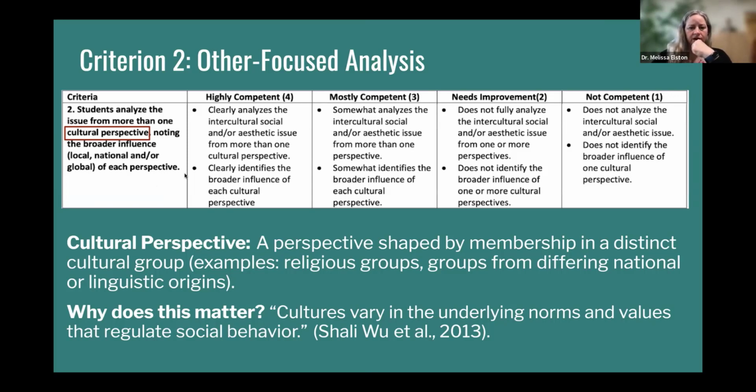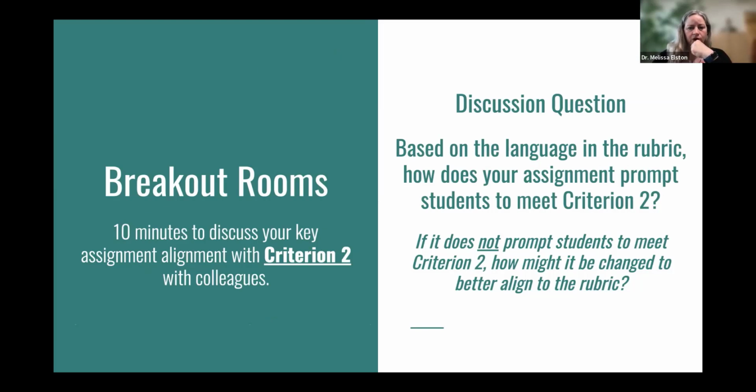So we'll give you 10 minutes to talk with your colleagues about that point. If you're looking at your assignment and you realize it may not prompt that clearly, this is a moment where you could workshop with your colleagues how to tweak it a little bit to get that out of it. Okay, I'm going to stop sharing and we'll return to breakouts. I'll see you all in 10 minutes.